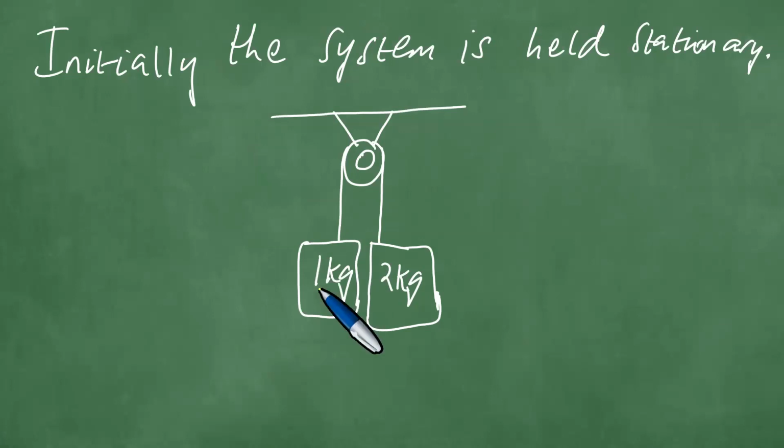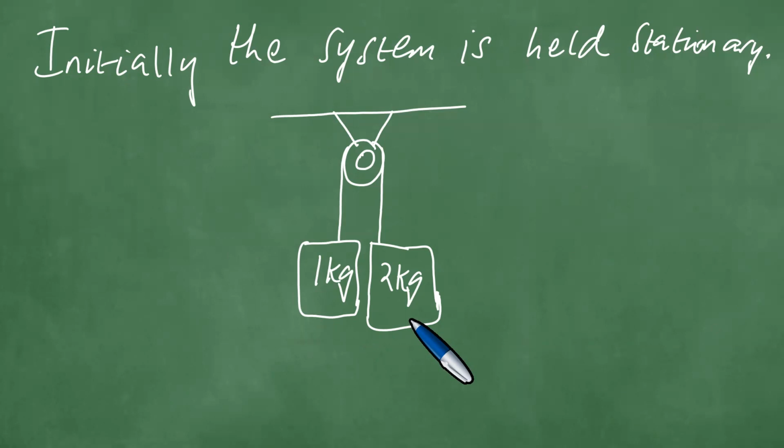Because the 2 kg is much heavier than the 1 kg, we expect it to go down and the 1 kg will be lifted up. This is expected because the 1 kg and the 2 kg are not of the same mass, so note this.